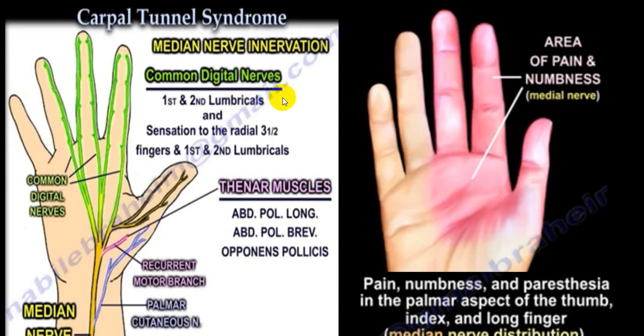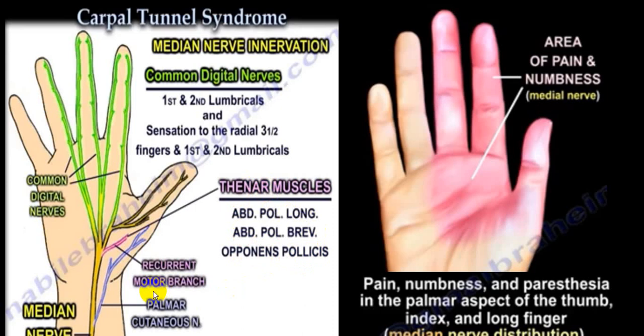Plus, you may also get involvement of the motor fibers. Then you can have involvement of the lumbricals, first and second lumbricals. And sensory, we call it the 3.5 fingers in the palmar region. So the first and second lumbricals will be affected. Also, because of the involvement of the recurrent motor branch, you can have involvement of the thenar eminence, where abductor pollicis brevis and opponens pollicis will be affected.